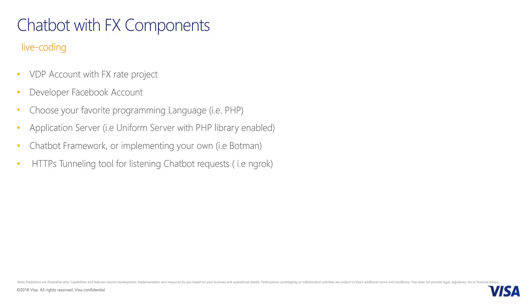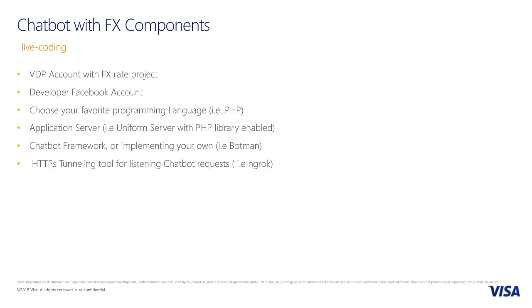You can just go right there and create your developer account, right? You have to choose your favorite programming language. In my case, I'm going to use PHP. We do have a couple of examples available on the VDP website, the Visa Developer website. I can guide you through some examples of how to establish connectivity using different languages.